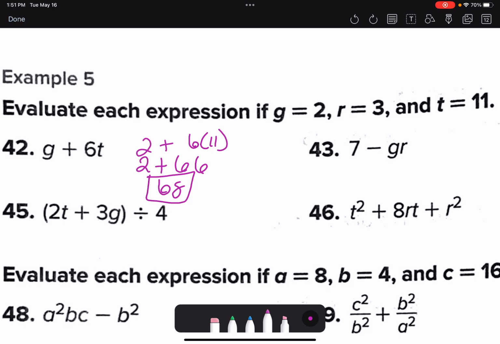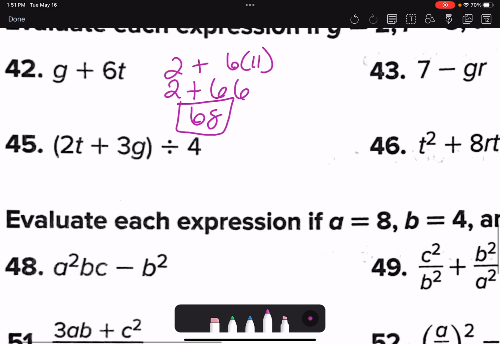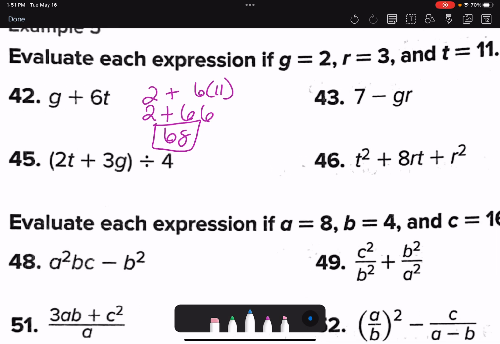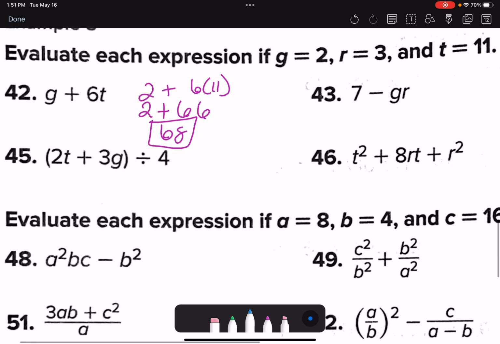Okay, let's do number 45. So same idea, just replace it. That's the first step. 2 times t. T is 11, so it's going to be 2 times 11. Please note, I am still keeping it in parentheses because of my order of operations. Plus 3 times g. It says g is 2, so I'm going to put a 2 here. And then divide by 4 on the outside. And then now I have to do order of operations.